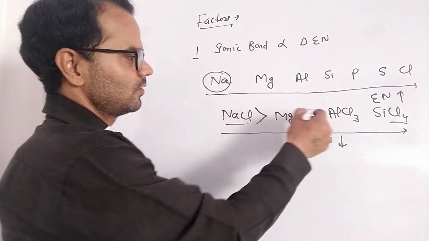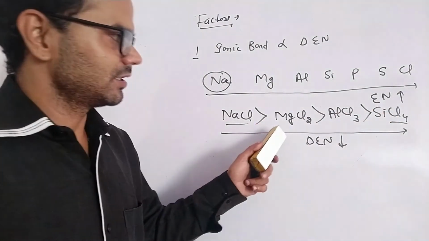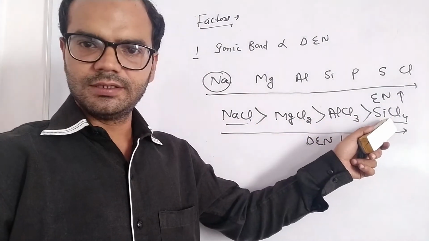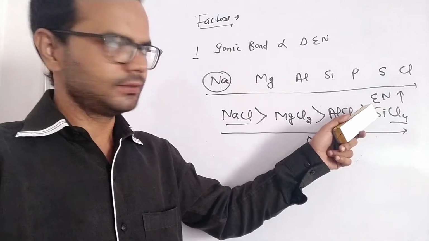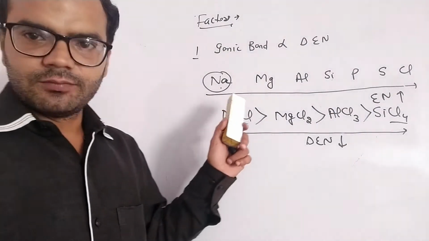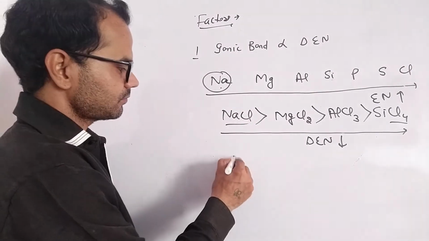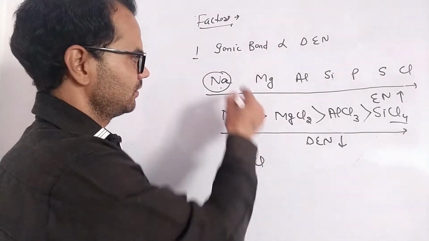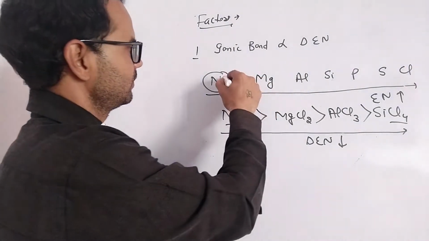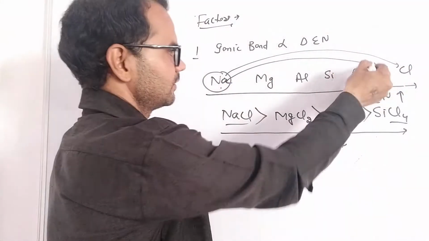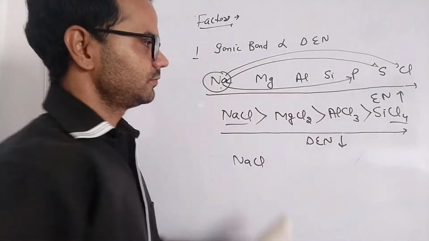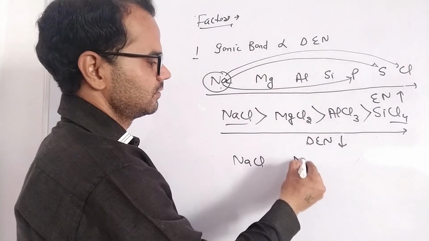So NaCl is more ionic than magnesium chloride, then aluminium chloride, and then silicon tetrachloride. Right. We can take more examples: NaCl, the formation of bond between sodium and chlorine, sodium and sulfur, sodium and phosphorus.